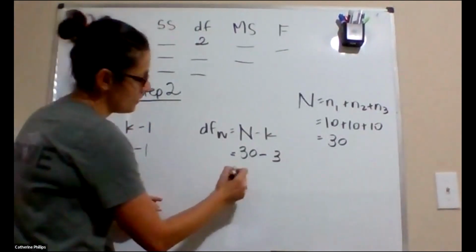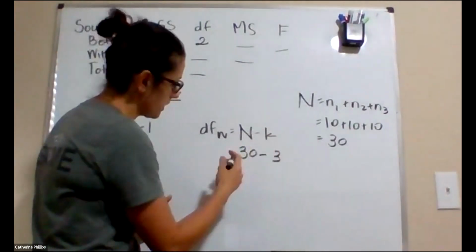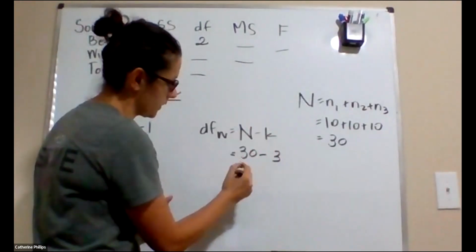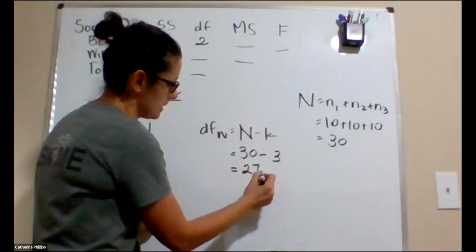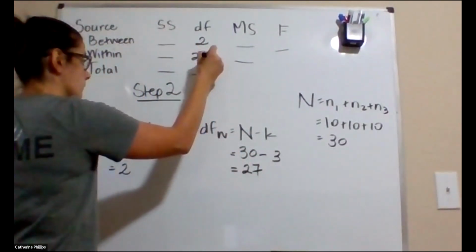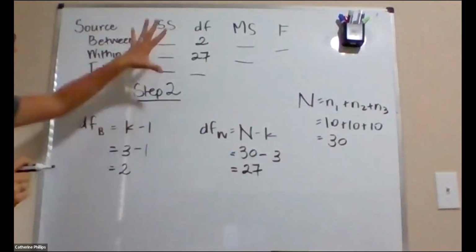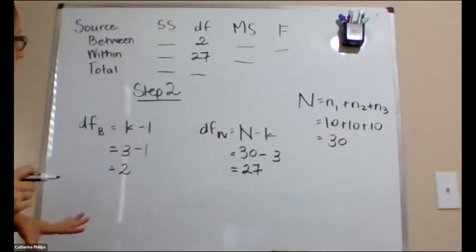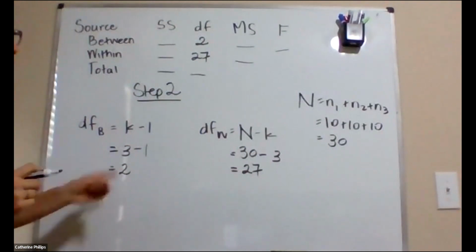Degrees of freedom within was big N, which was 30, subtract K, which was 3. So degrees of freedom within is 27. We'll come back and finish the rest of that Anova summary table in step 3.